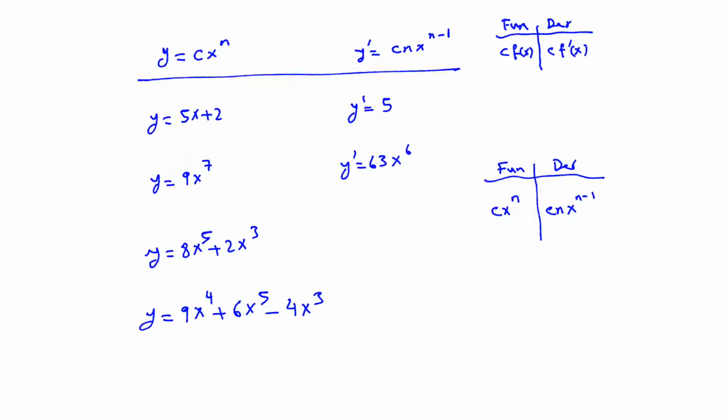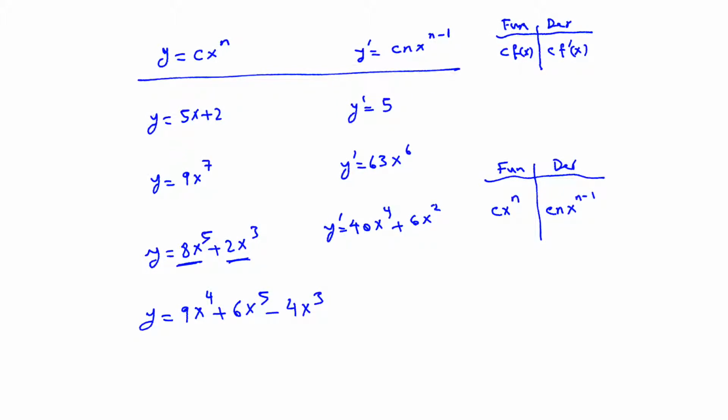Derivative of 8x^5 plus 2x^3 is 40x^4, the derivative of the first term, plus the derivative of the second term, 6x^2.